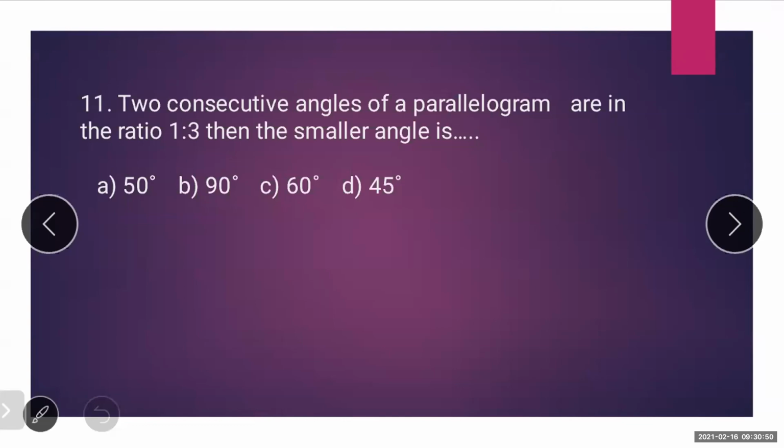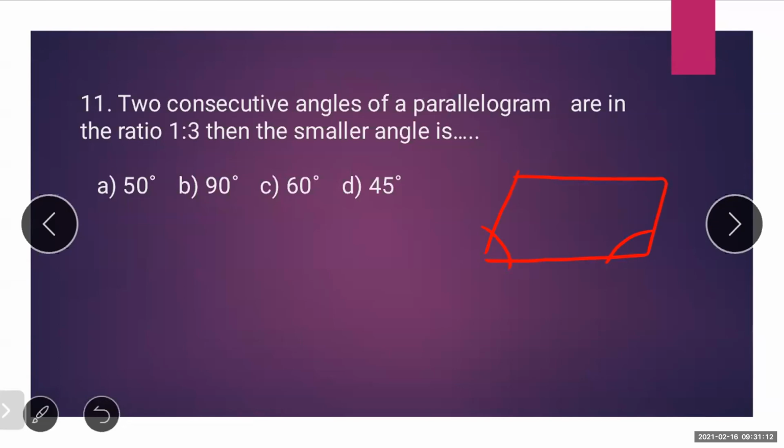You have to find out the smaller angle. Now adjacent angles of a parallelogram are what? Supplementary. So if I draw a parallelogram over here, these two will be the adjacent angles.